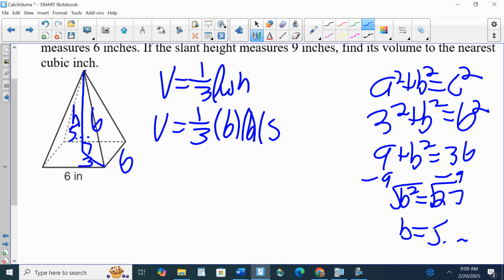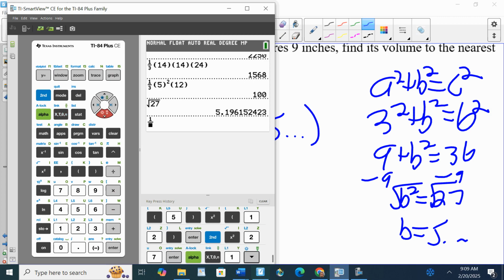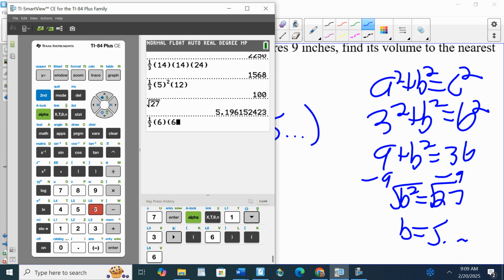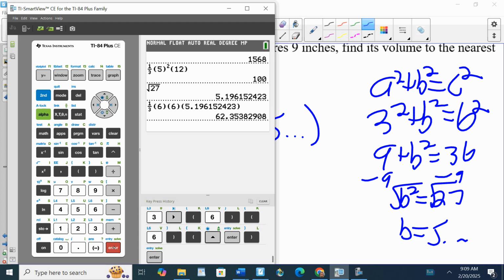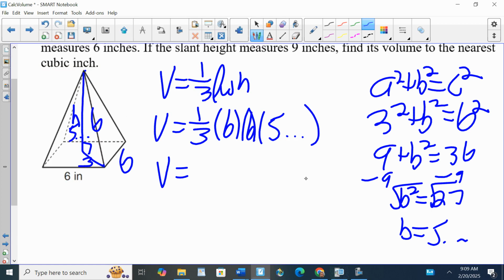The height is 5 dot dot dot. So when I go to my calculator, I've got 1/3, 6, 6, and I'm going to copy and paste that height, and it wants it to the nearest cubic inch, 62.